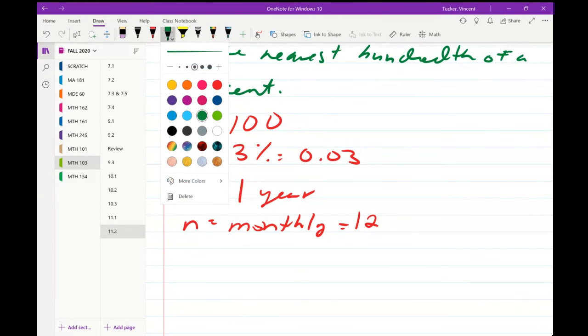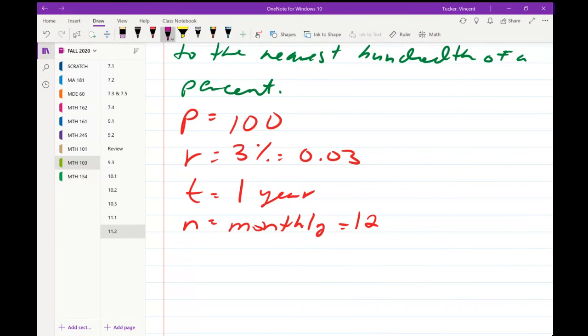All right. So P is 100. R is 0.03. T is 1 year. And N is monthly. We'll plug it into our future value formula.